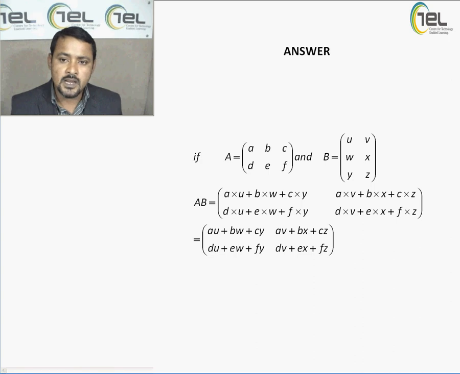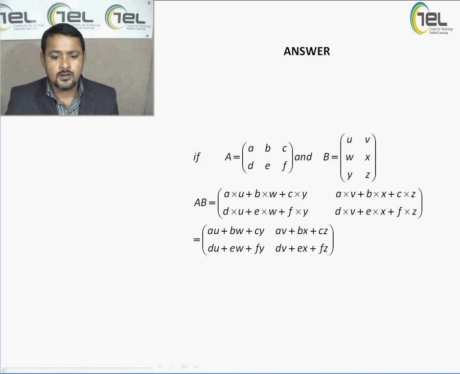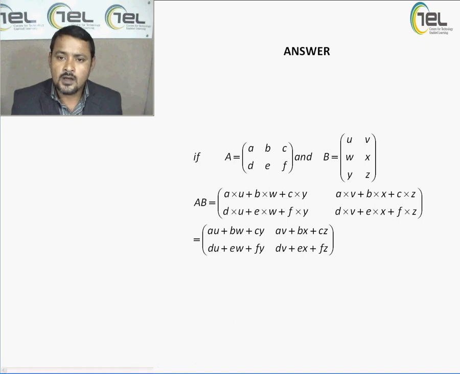So A multiplied by U plus B multiplied by W plus C multiplied by Y will come as the first entry. Then we multiply A into V plus B into X plus C into Z. Next we multiply the second row of the first matrix with the first column of the second matrix and then with the second column.